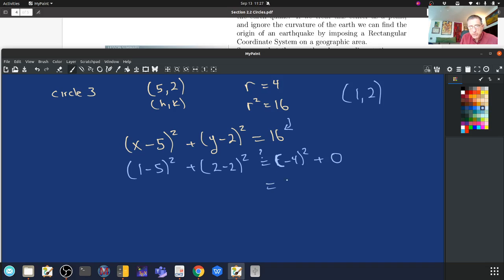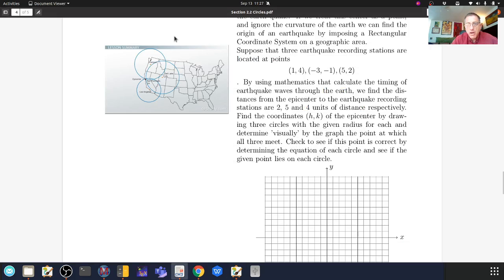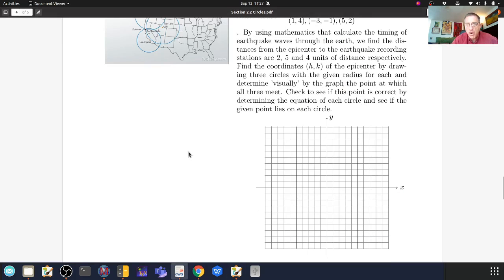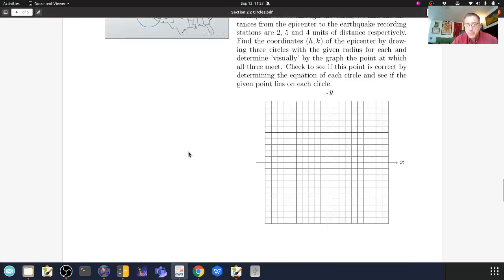So minus 4 squared is equal to 16, and that's what it was supposed to be. So we just verified that indeed the point 1 comma 2 lies on all 3 circles.